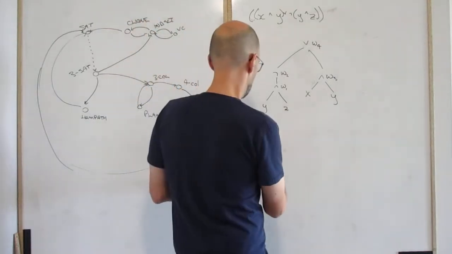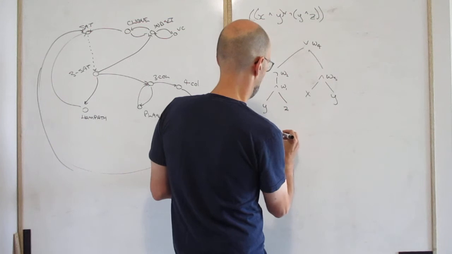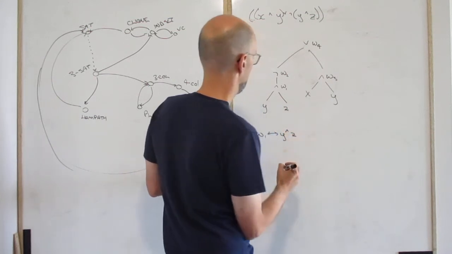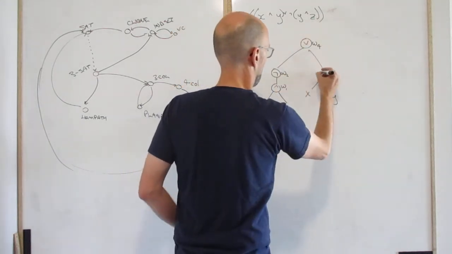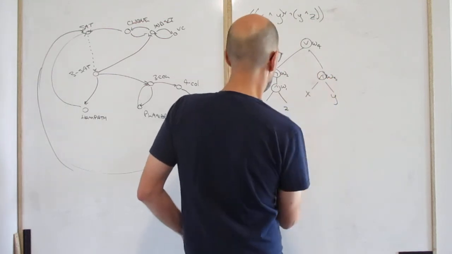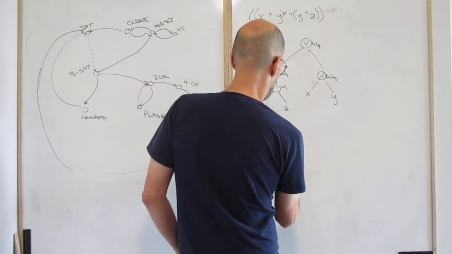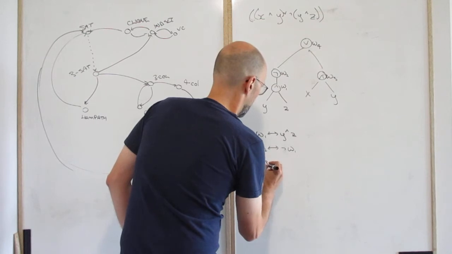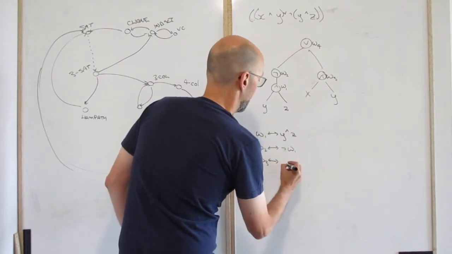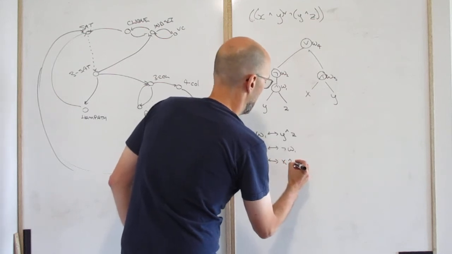And then what you do is you write W1 is true if and only if Y and Z. W2 is not W1. W3 if and only if X and Y.